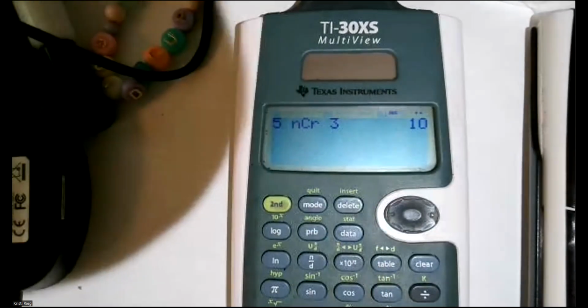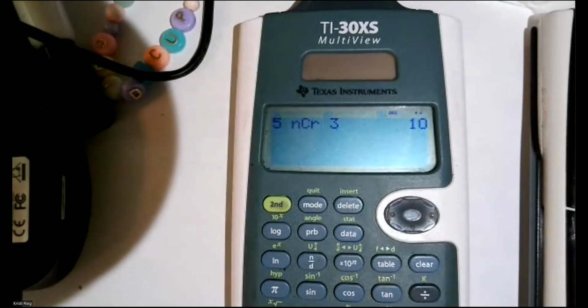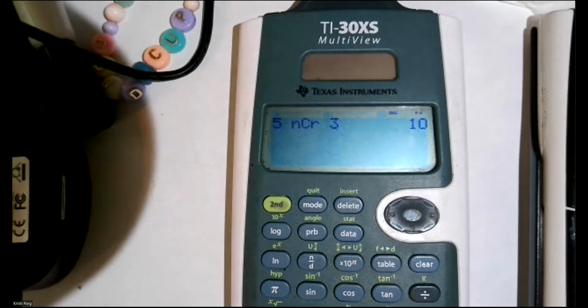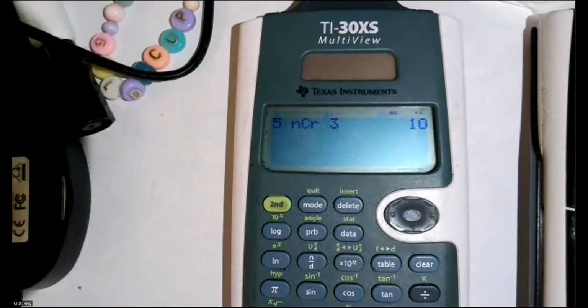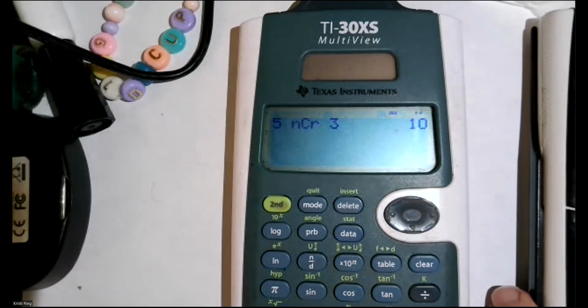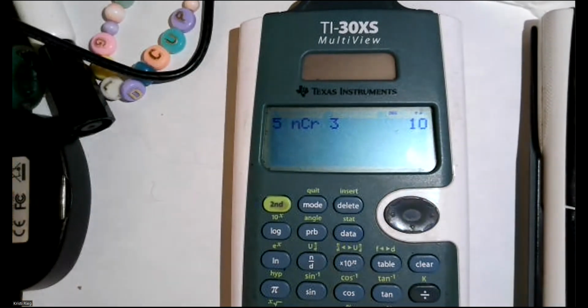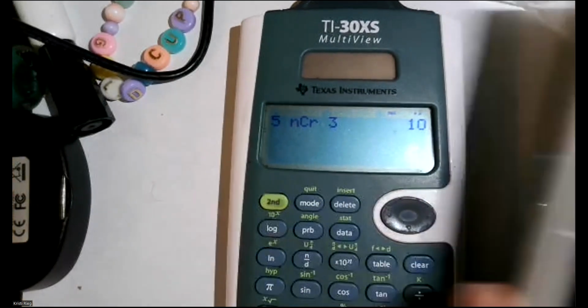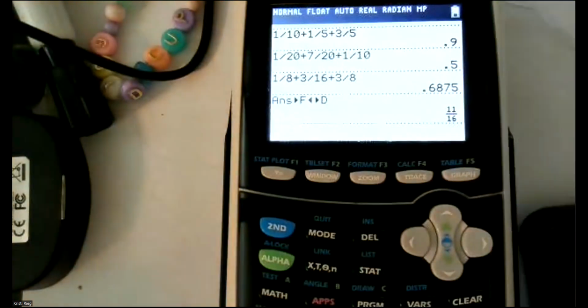I know this doesn't make complete sense right now because I haven't really defined those variables for you, but I just wanted you to know where the button is on the calculator for when we do it in just a minute. So before we get to that problem, let's check it out on the graphing calculator.